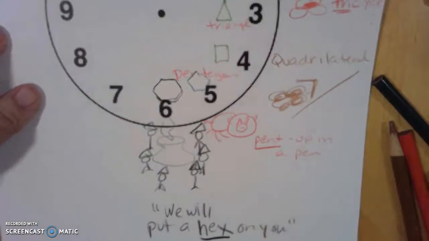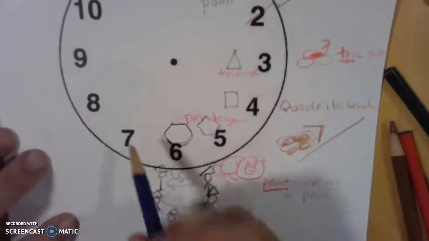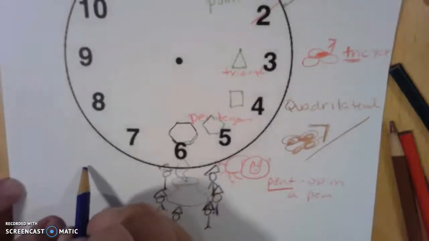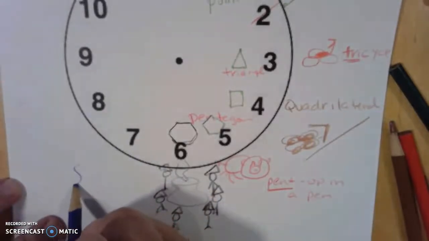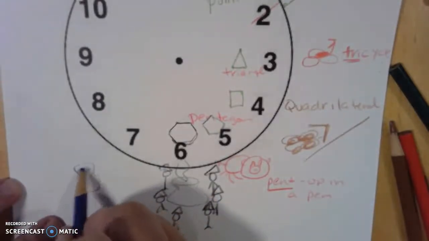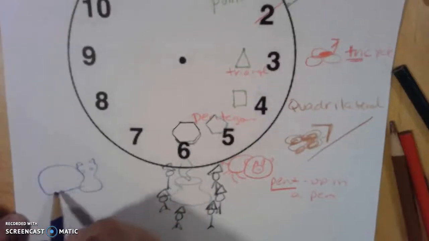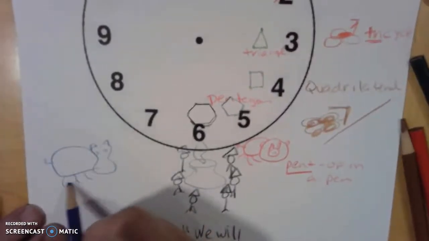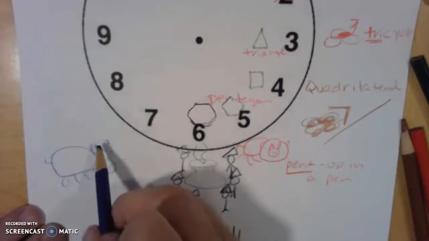So that's going to help remind us that it is a hexagon. All right. One of my favorite ones is a 7-sided figure. In my little drawing here, let's see if you can guess what I'm drawing. A hippo. Okay, it's my little hippo. Give him little nostrils. That's not too bad.